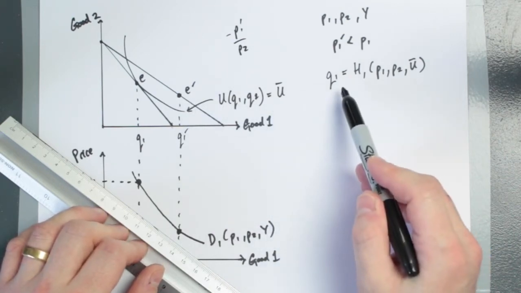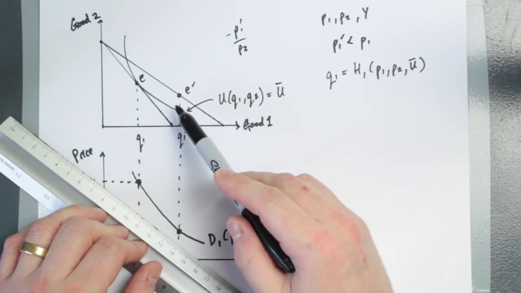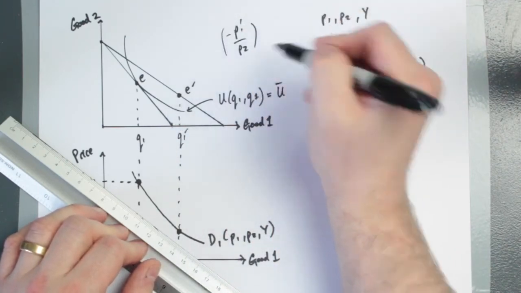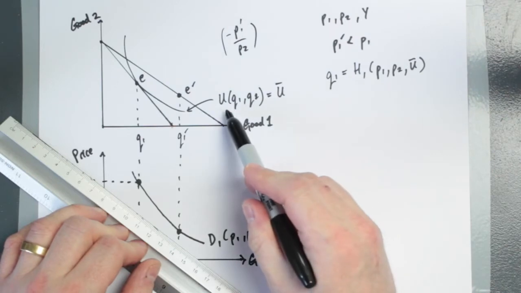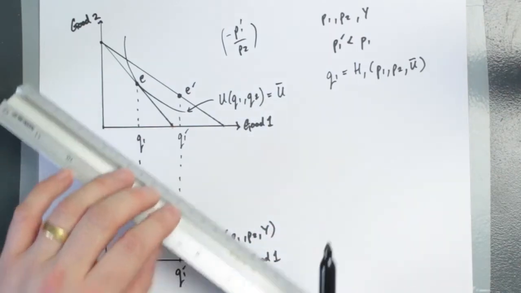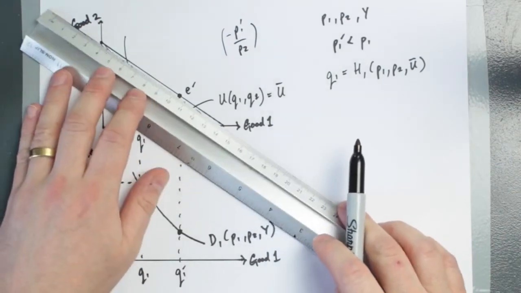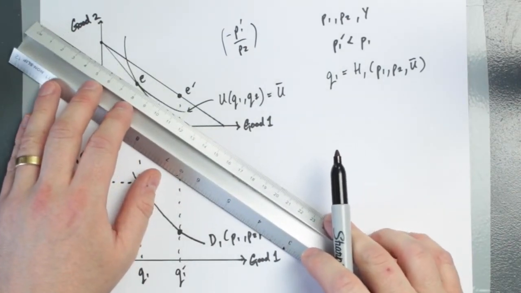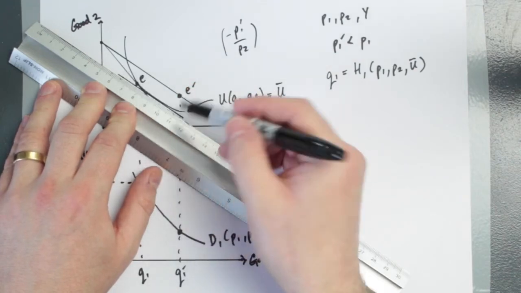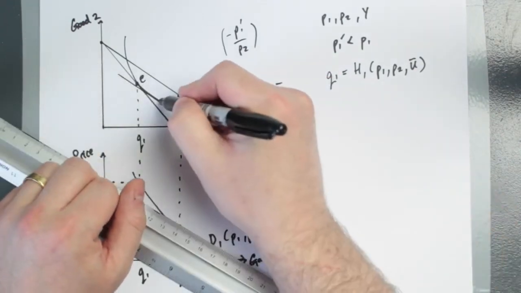So for the Hicksian demand, once I know that this is the new price ratio, I want to get onto this indifference curve where utility is equal to U bar in the cheapest way. So I'm effectively taking this line and tracing it back until I just have a tangency here. Okay, so something like this.